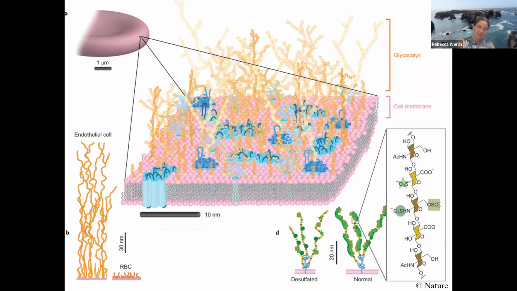If you look down at this bottom corner, you can see RBC, the red blood cell. It has to squeeze through our capillaries, our arteries, our veins. It is the smoothest surface of any cell. Next to it we have a typical endothelial cell, the cells that make up our capillaries, arteries, and veins.